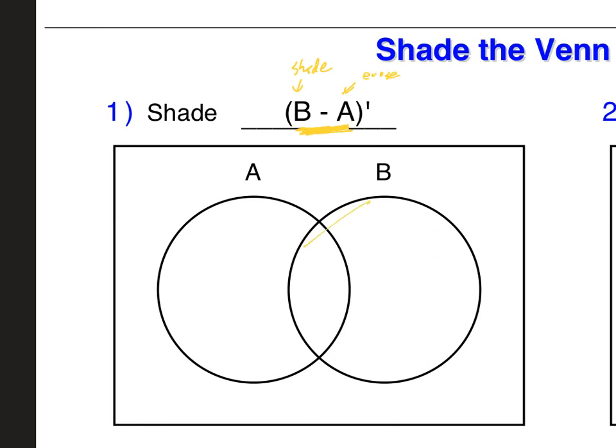So we're going to shade B, and now we're going to erase A. So let's erase set A. Okay, so if we were just asked B minus A, this would be our answer.